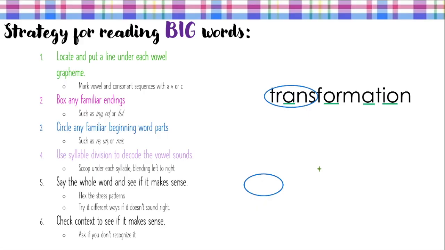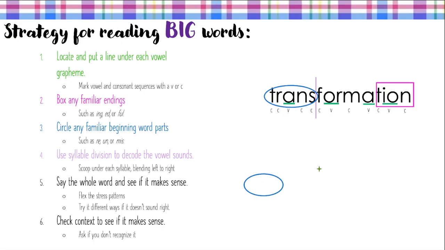We're going to box any familiar endings, any familiar suffixes that we know. For example, tion might be something that they know. Then circle any familiar word parts or groups that they know, like trans. I know this was a little out of order, but they can see, okay, I've seen that trans before.